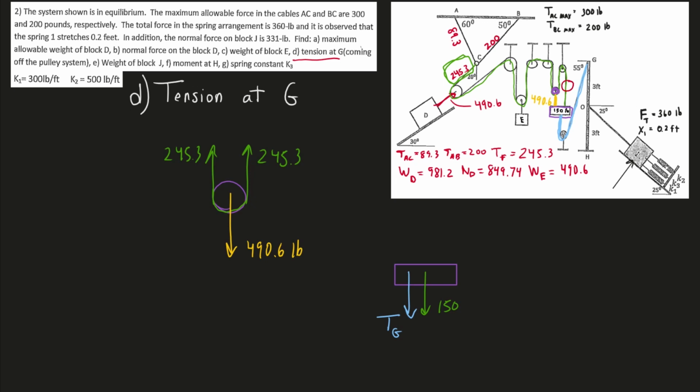Then we have the rope to the right on top of the block. That's our green rope, that is the 245.3. And then we got this yellow rope right here, the 490.6.